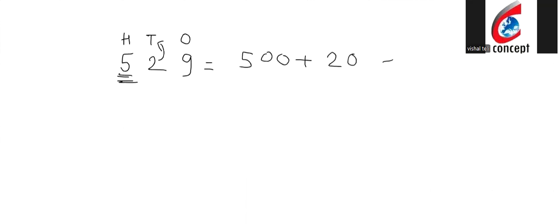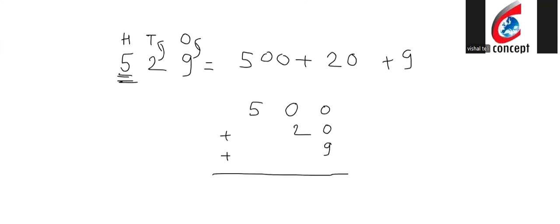9 ones, no zero. You have to write only number 9. So this you can rewrite like this also: 500 plus 20 plus 9. If you do addition, you should get the same number. 0, 0, 9.